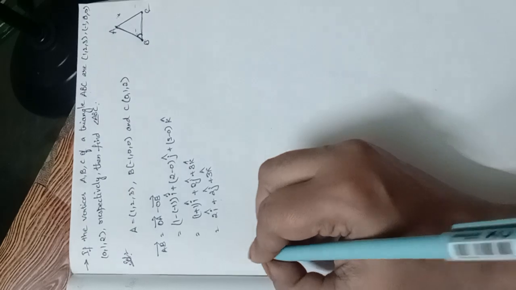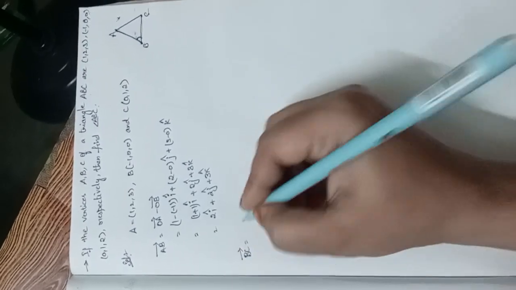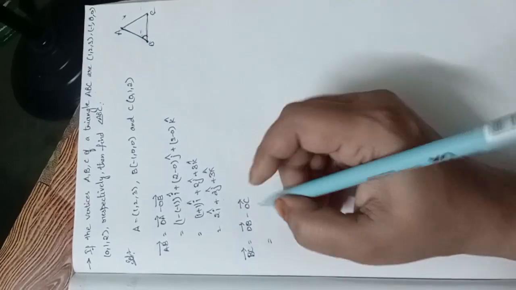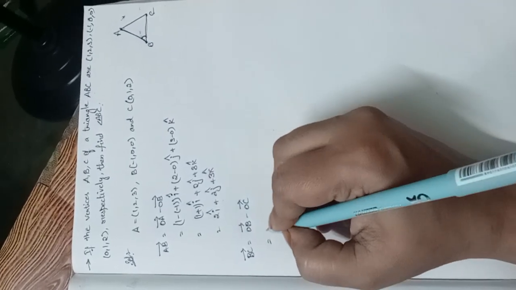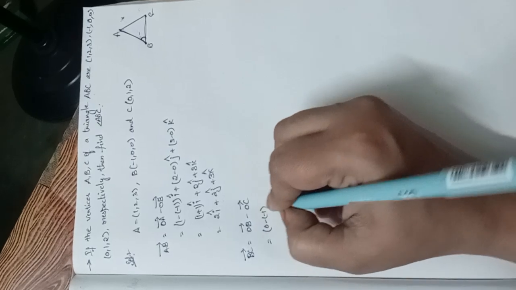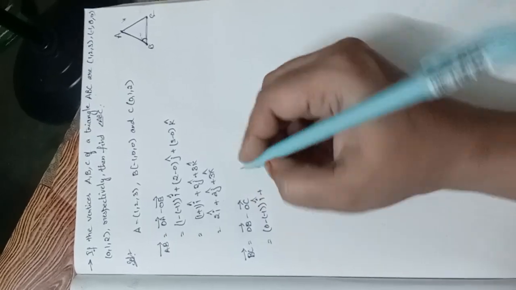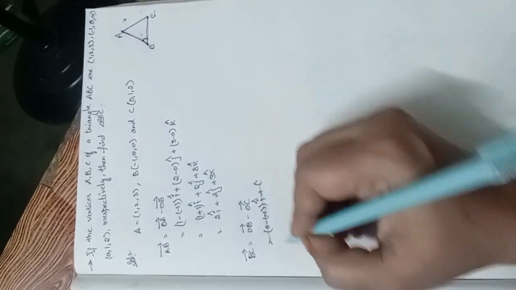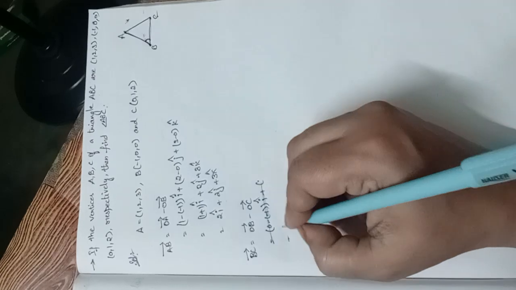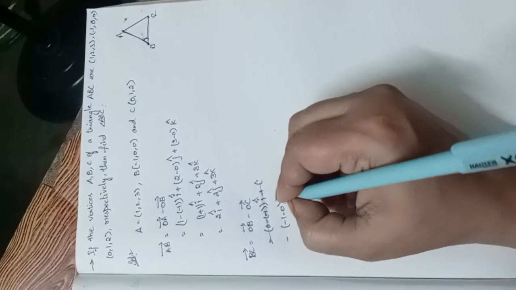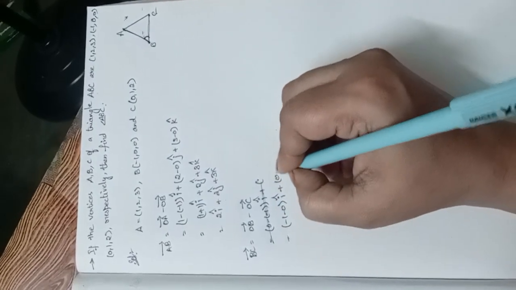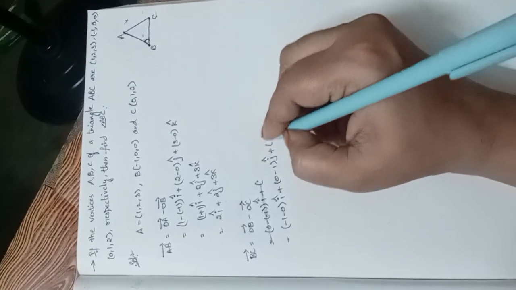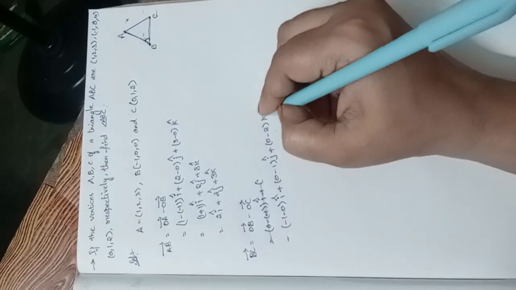Now what we have to find next? BC we have to find. For that, OB minus OC, which is minus 1 minus 0 I cap plus 0 minus 1 J cap plus 0 minus 2 K cap.